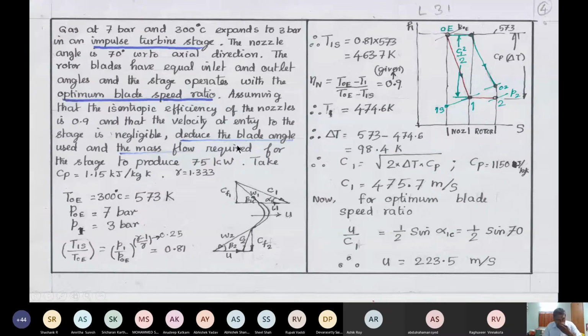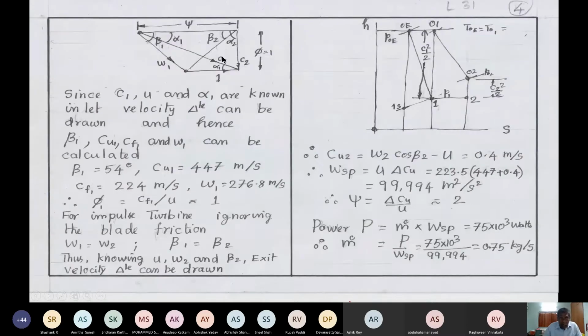Next you see the velocity triangle here. The velocity triangle at exit, I have slightly modified because now I know some values, and this C2 velocity is in the axial direction.